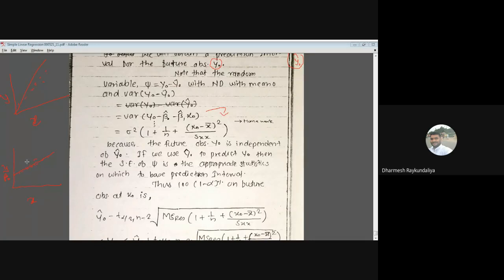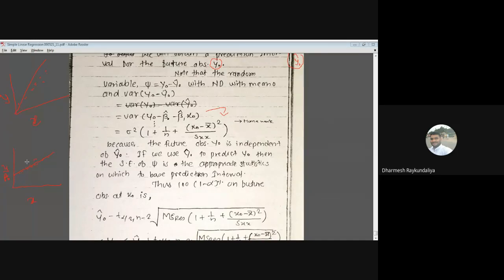What is the variance of beta 0 cap? So beta 0 cap is nothing but y bar minus beta 1 cap x bar. So you will get, what will come? Anybody?